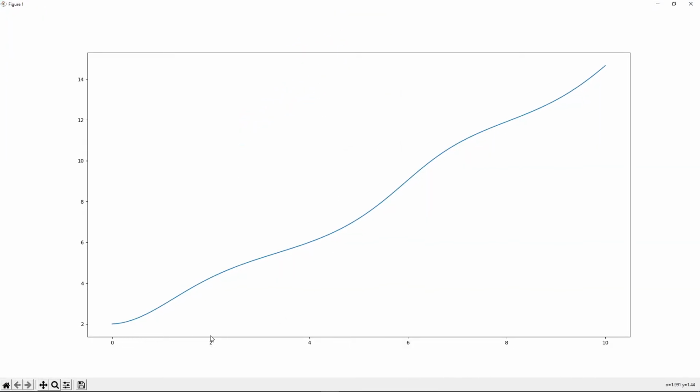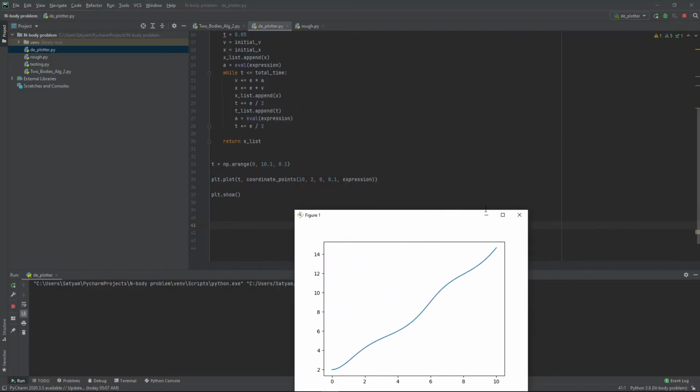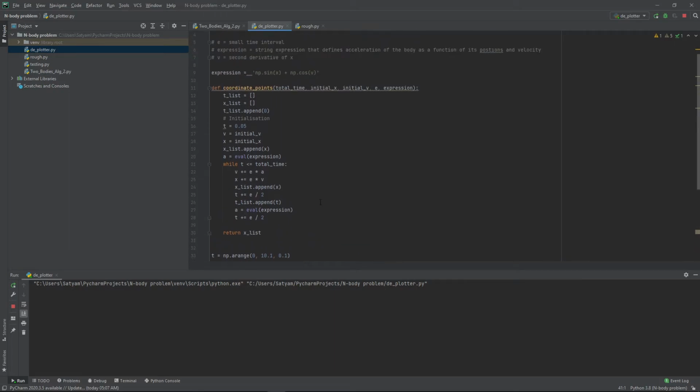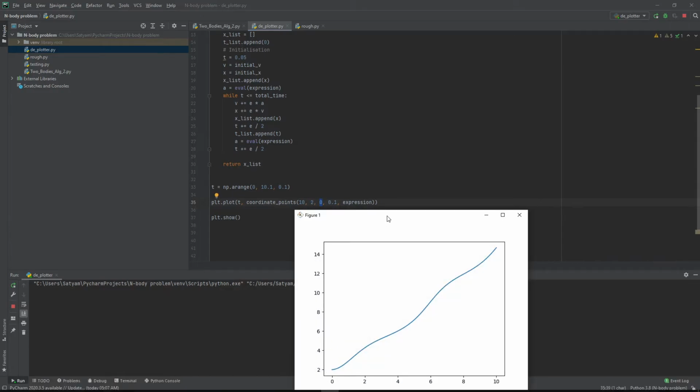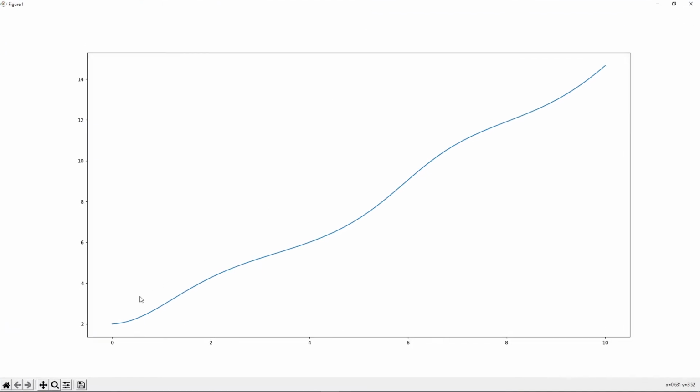So as t goes on, the position changes like this, and I can predict the position at any time. I initialized it with initial x of 2, that is, at a distance of 2 meters from the origin, and the initial velocity was 0, right? So this is the whole motion.